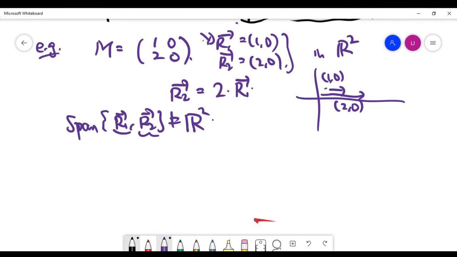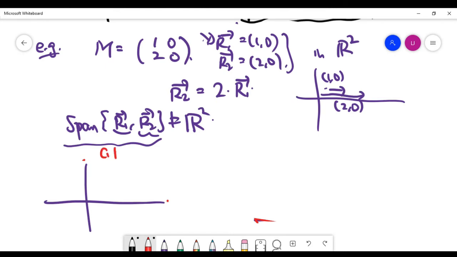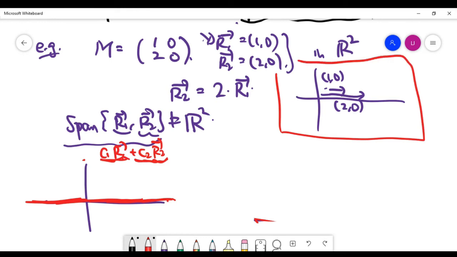And this case means what? It means that the span, by definition, contains all the linear combinations of the two vectors, right? And because this one has the same direction as this, I'm talking about just the line, which is exactly the same as the x-axis. That's the direction for the two vectors we have. So the spanning set of these two vectors is simply the straight line having the same direction as the two vectors.